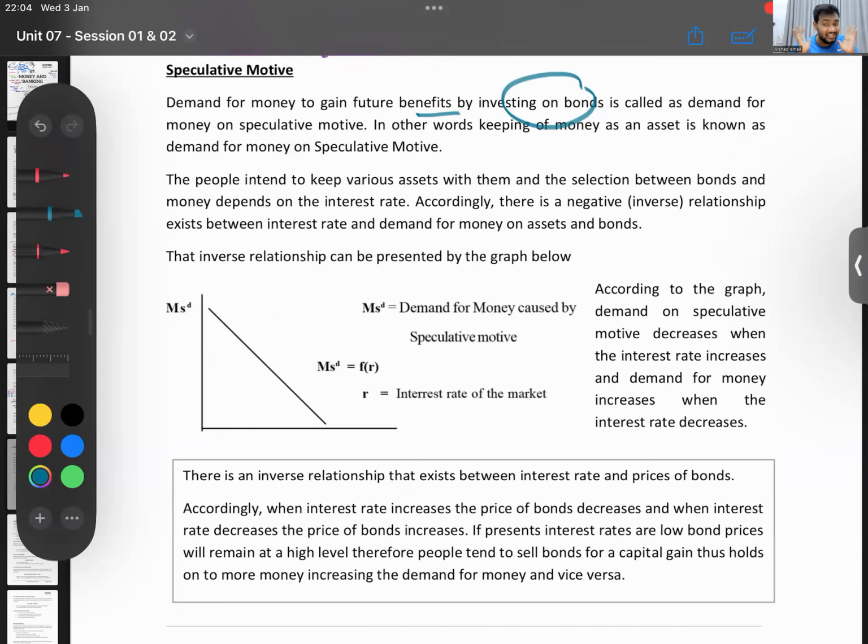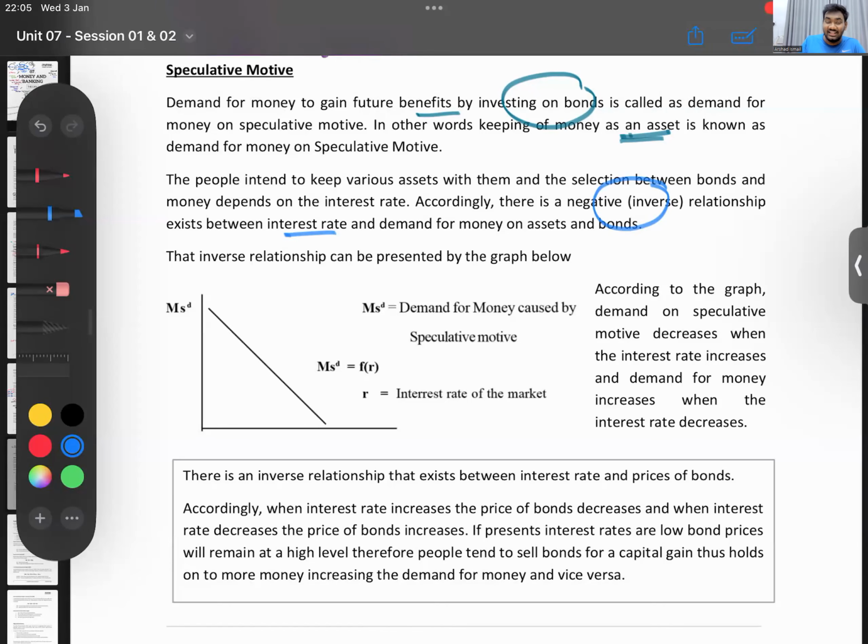And that is only the speculative motive. So we also call this demand for money as an asset demand. That is a speculative motive too. So what type of relationship is there? There is a negative relationship between demand for money under the speculative motive and interest rate.